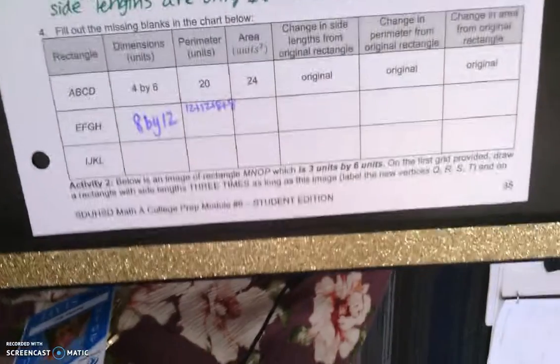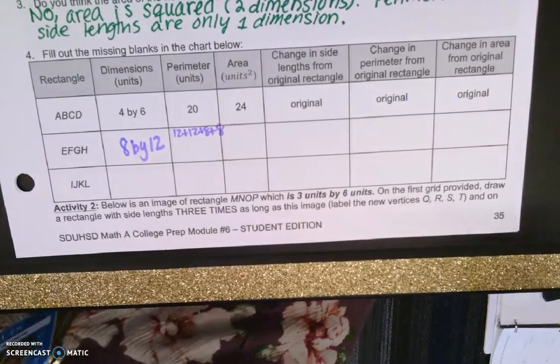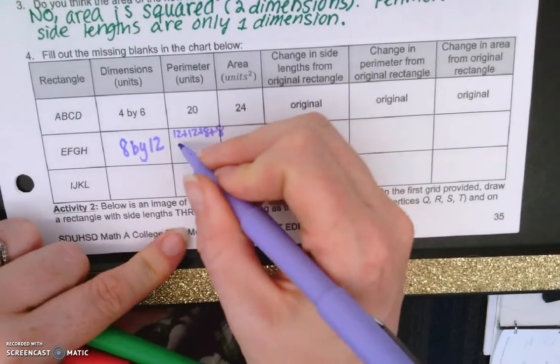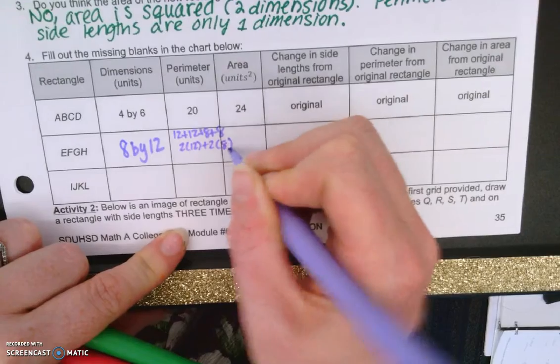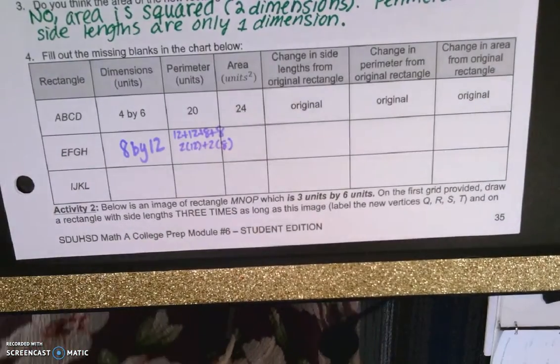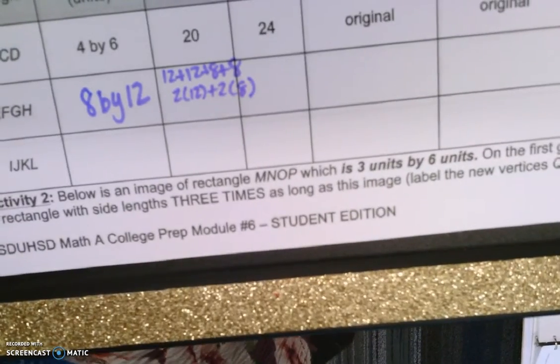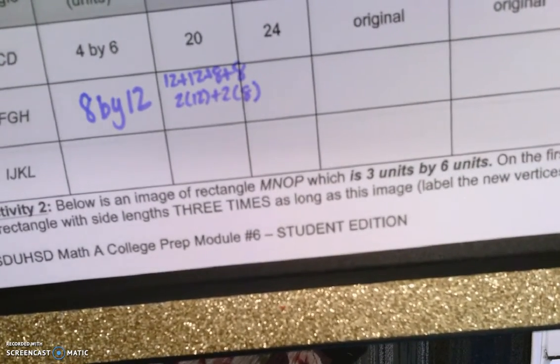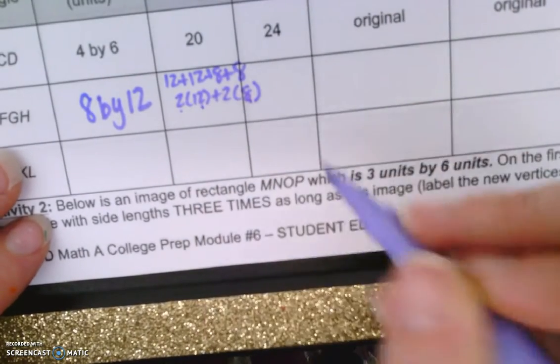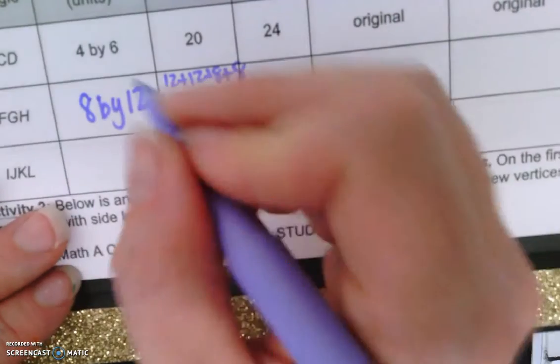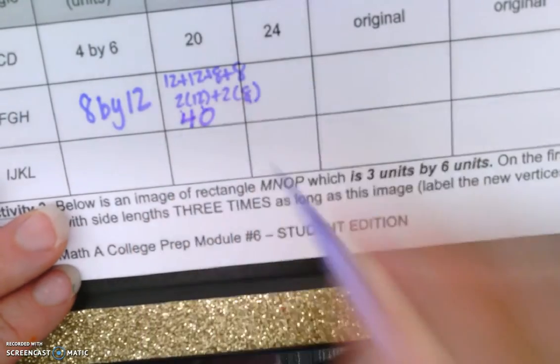Another good way to think about perimeter is twice one side plus twice the other side. So 2 times 12 plus 2 times 8. Or you can think about twice 12 plus 8. Overall, no matter how you do this, you end up with 40.